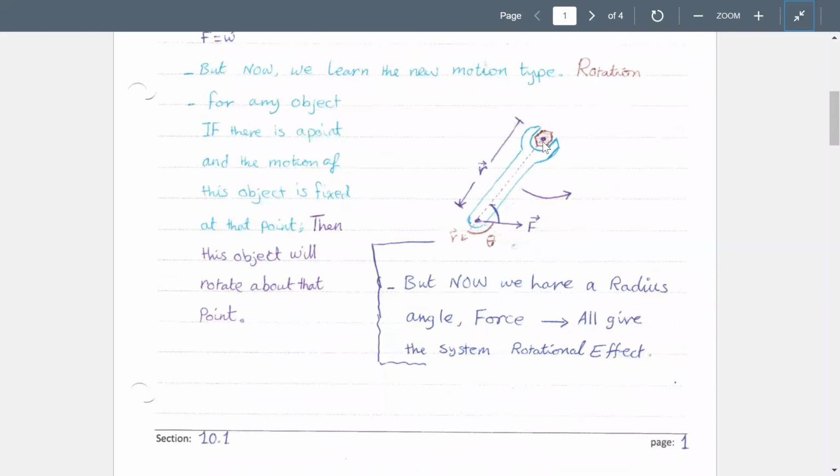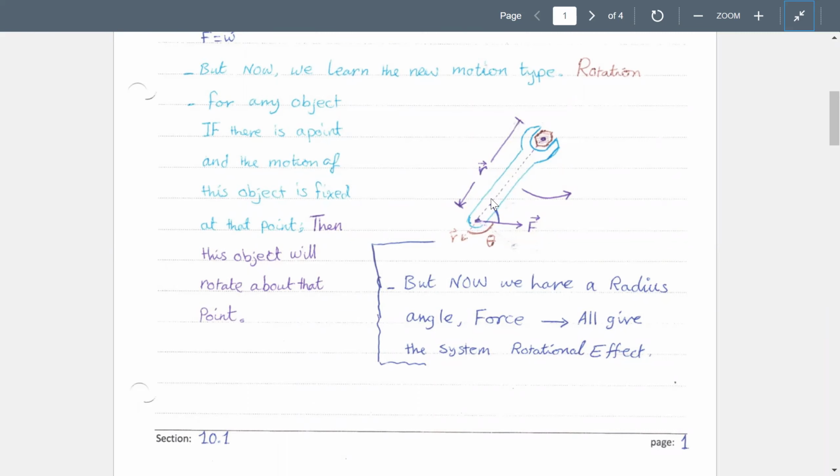If this is our center of rotation at this screw, and this is the screwdriver or the key to rotate this screw, we can apply a force at any point on this tool. And this point has a distance from the center of rotation, which is R, as you see, from here to here. And this force has an angle from this radius. This is the angle.